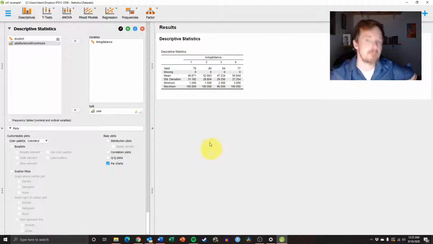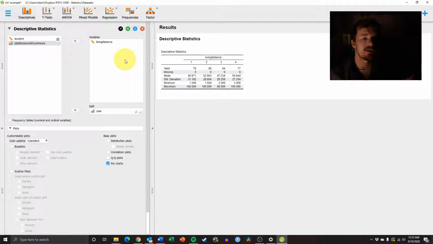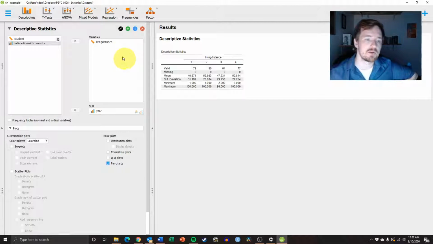But the reason why the pie chart doesn't come up is actually because the data that we're splitting is incompatible with what a pie chart should be. So JASP is preventing us from presenting the data incorrectly. Good job, JASP. So how do we get around this? Well, it just means that we're conceptualizing the data in the wrong way.